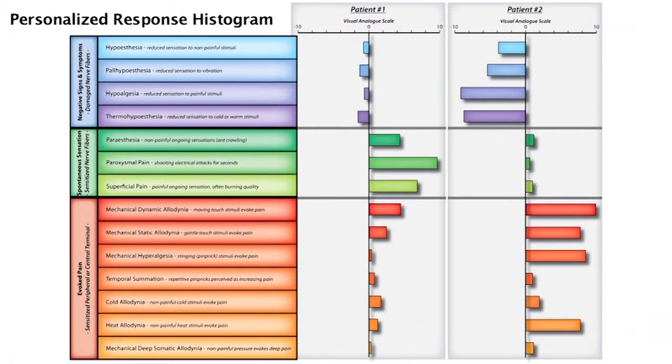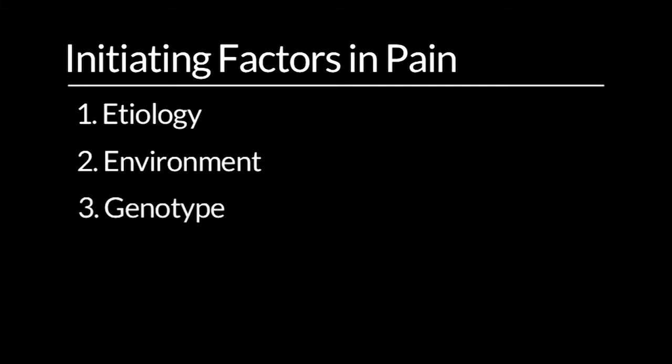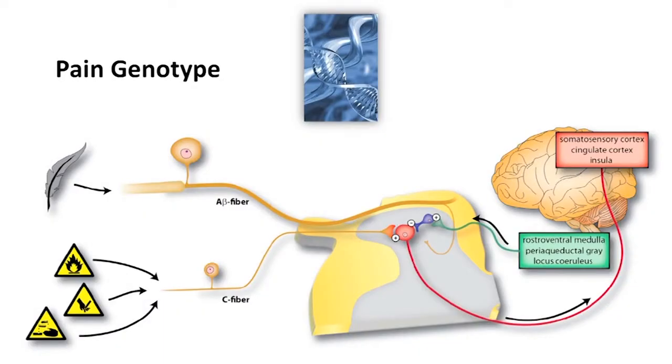I'd like to end up by coming back to one of the features that I discussed right at the beginning. I said that pain is initiated by three factors: by etiological factors, environmental factors, and pain genotype. And I'd just like to say a few words about pain genotype, because this is an area that is of increasing interest and the subject of major research activity, as we appreciate the way in which genetic variations, the normal variations that each of us have, may be a driver to the pain that we experience.